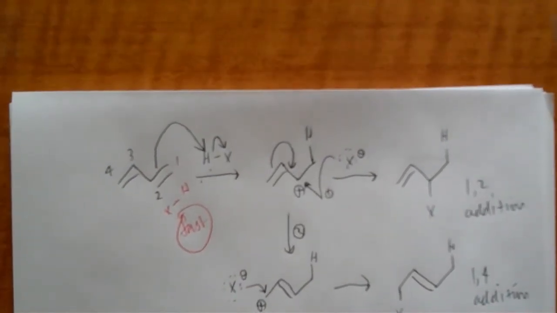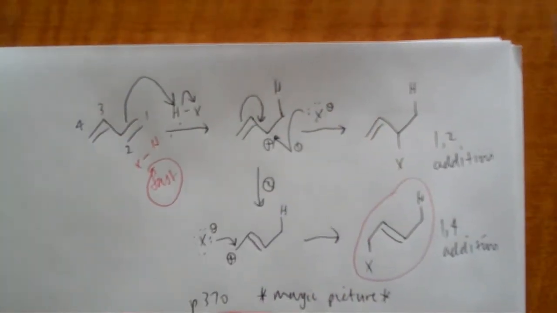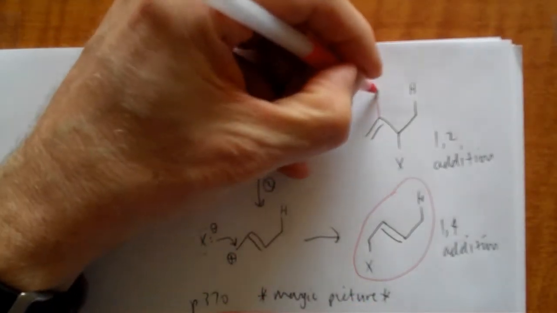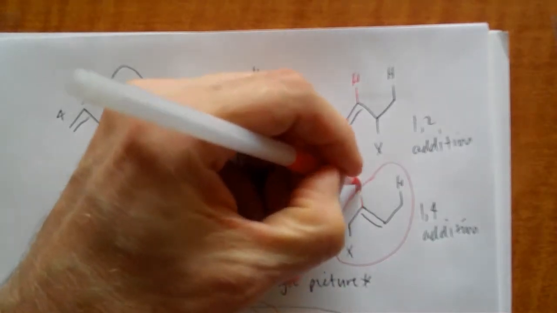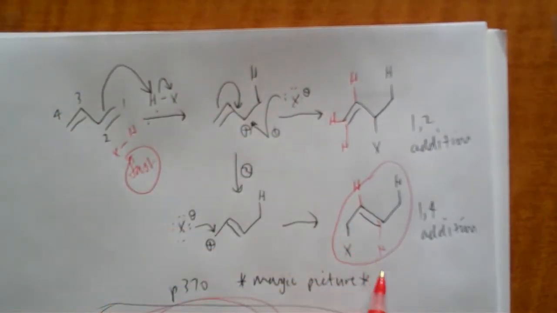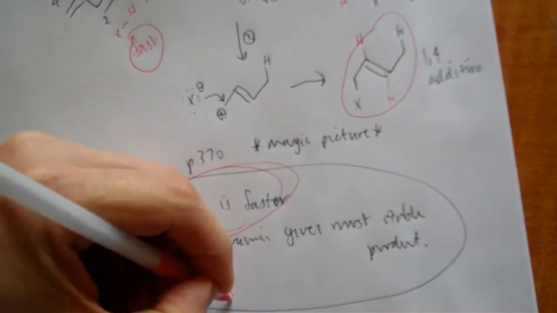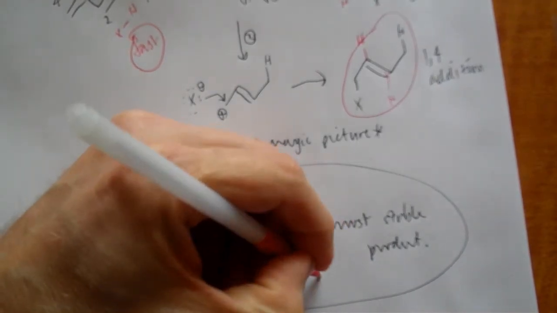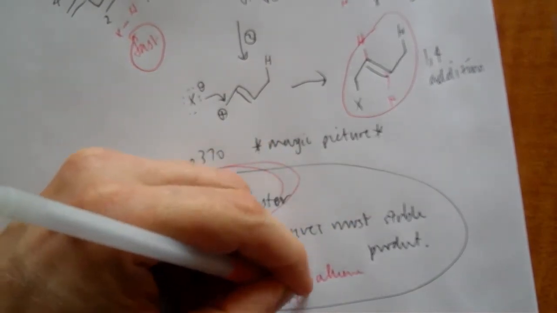Now, thermodynamic, though, is going to give the more stable product in the end. How many substituents does this double bond have? How many non-hydrogens does this double bond have? Only one, right? How many substituents does this double bond have? It's got 2. Okay? So the more substituted alkene is more stable.